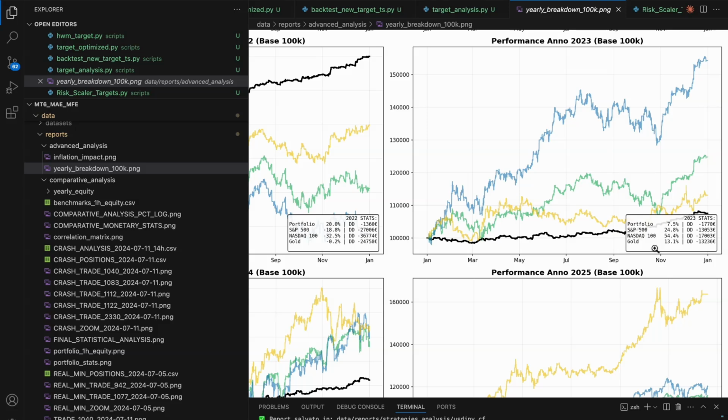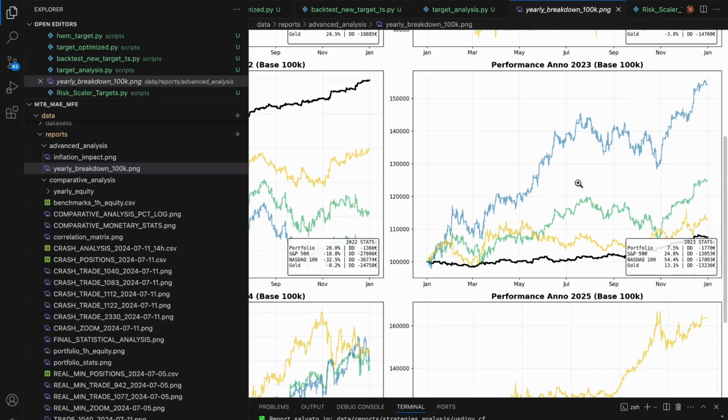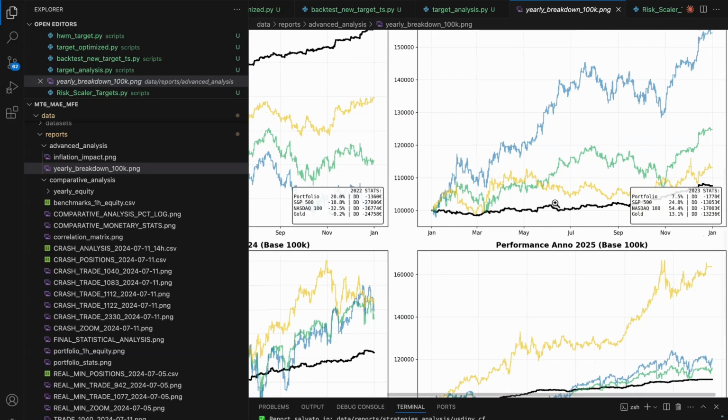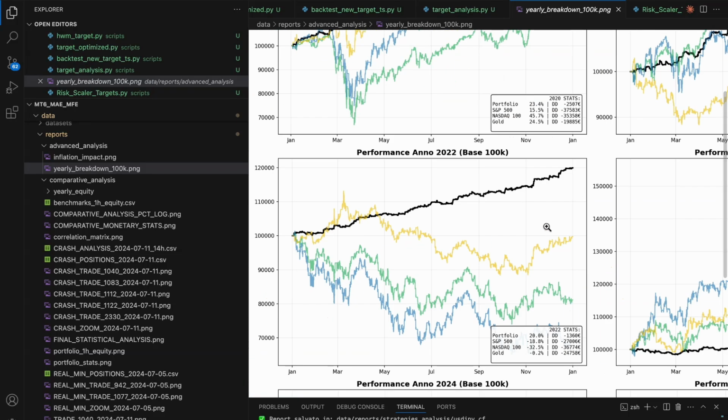And then if you multiply by 5 times, you're going to reach bigger performance. Maybe my portfolio in 2023 could have made less money than the Nasdaq, but if you look at all the other years, it is way better.